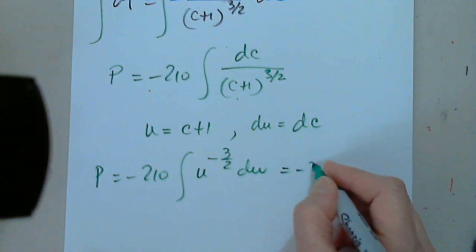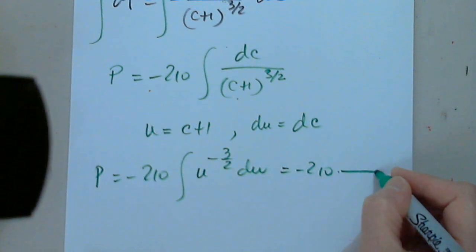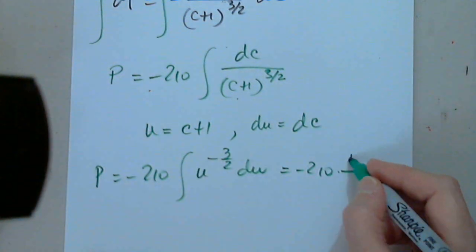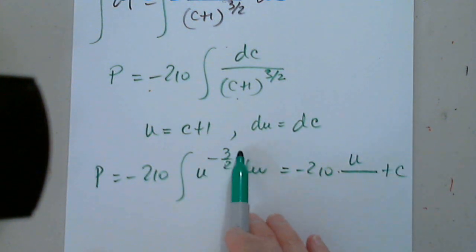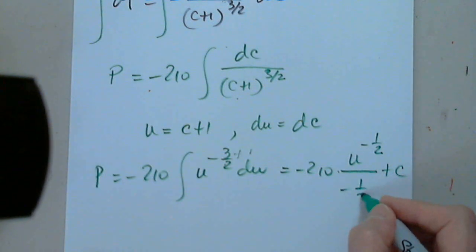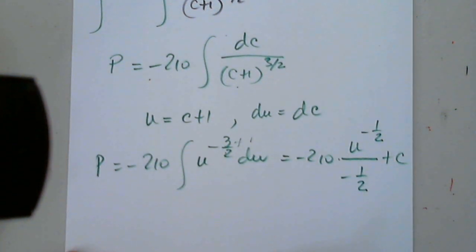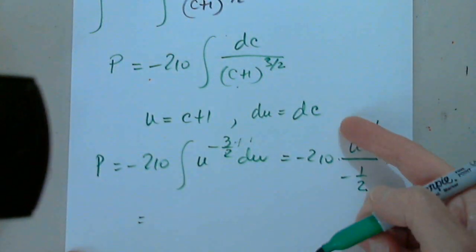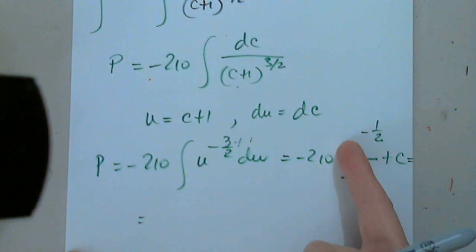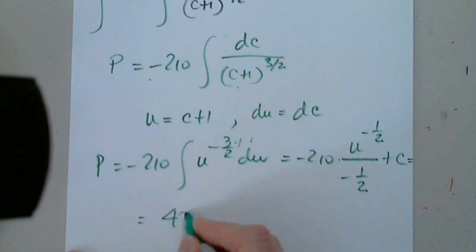And this we know is negative 210. And what do I write? So u to the negative 3/2 plus 1, which is negative 1/2, over negative 1/2. We continue. I flip this, multiply negative with negative, which will be a positive. So when I multiply 210 by 2, I get 420.